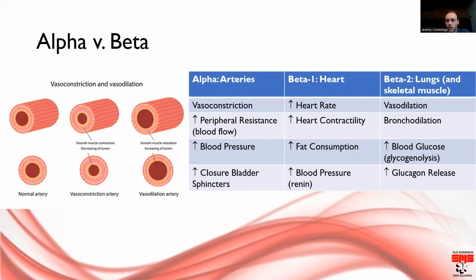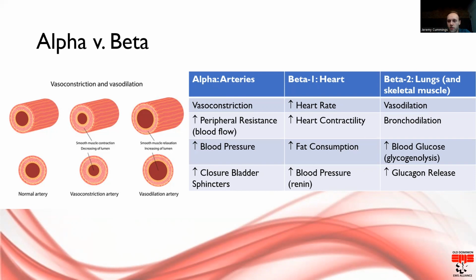Beta-1 receptors are located in the heart. When beta-1 receptors are stimulated, they increase heart rate and the strength of contraction, called contractility. Beta-2 receptors, again, are located in the bronchioles of the lungs and the arteries of our skeletal muscles. When these receptors are stimulated, they increase the diameter of the bronchioles to let more air in and out during breathing.